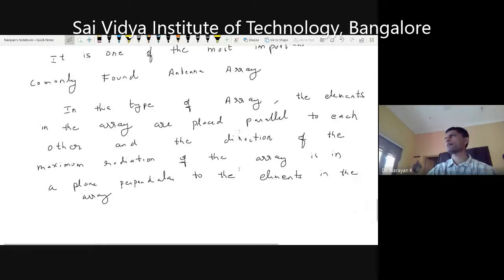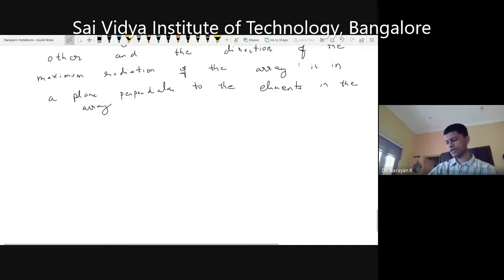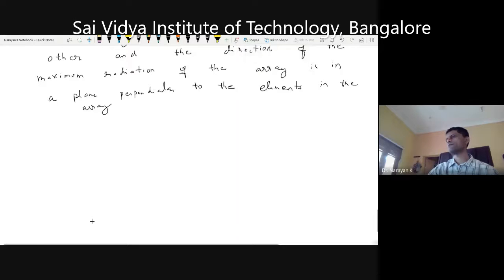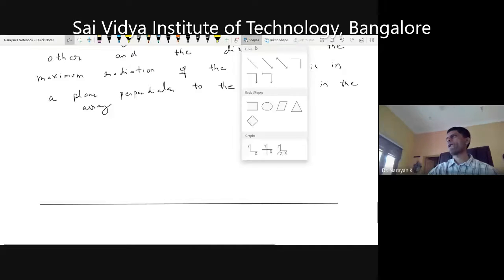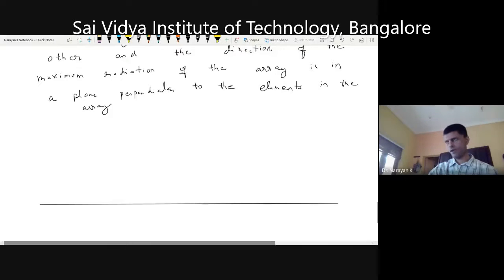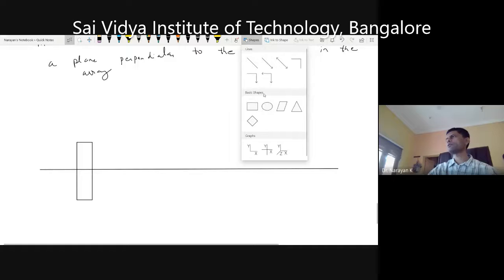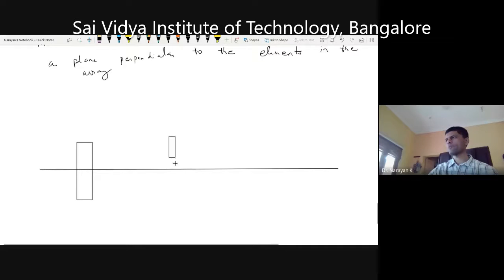There is one small diagram. Please draw the diagram. I will tell you the significance of this broadside array. So instead of point sources, I'm drawing rectangular blocks to understand better. These are basically point sources only. I'm looking at a very close distance, therefore they look like they have some shape. Otherwise, these are point sources, so don't get confused that I'm drawing something else.